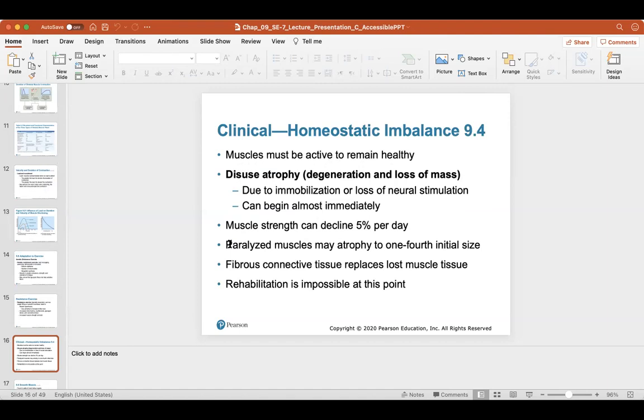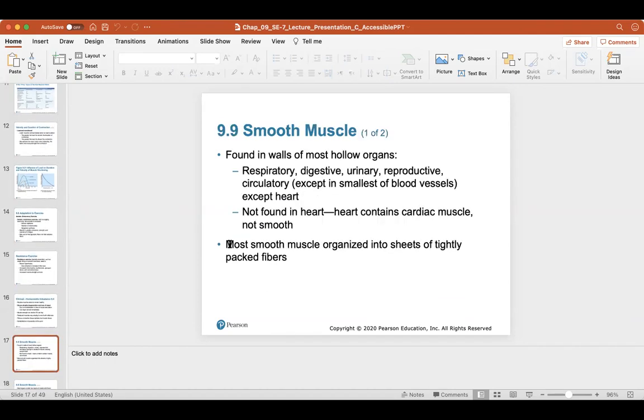Disuse atrophy refers to the degeneration and loss of mass due to immobilization or loss of neural stimulation, and this can begin almost immediately. Muscle strength can decline at about 5% per day. Paralyzed muscles especially can atrophy to 1/4 the initial size. So this is why it's extremely important to always do weight bearing exercises.